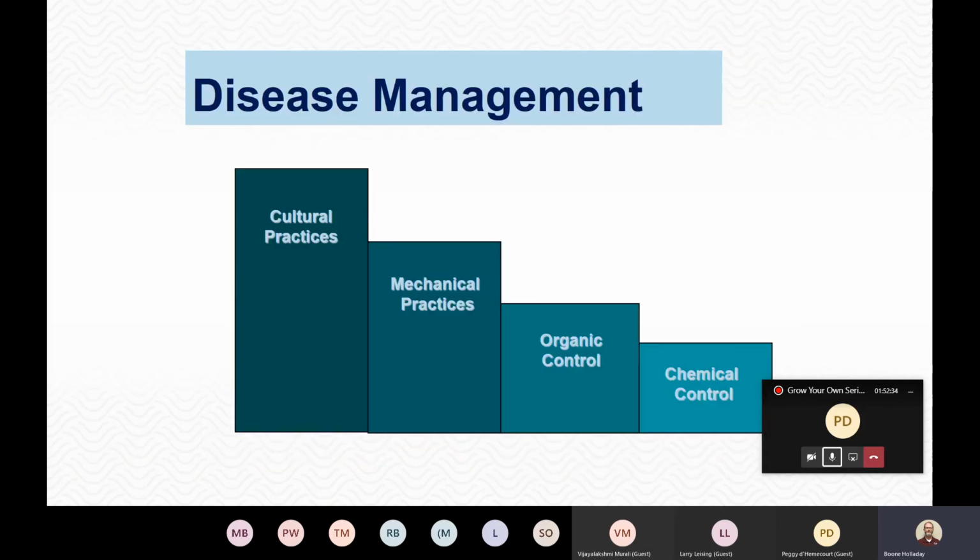And so following this IPM system here, we have the cultural, mechanical, organic, and then the chemical controls.